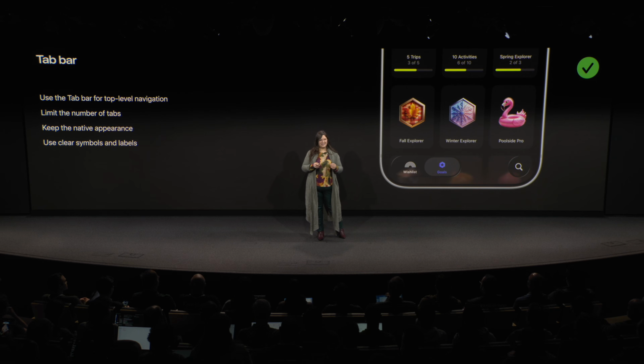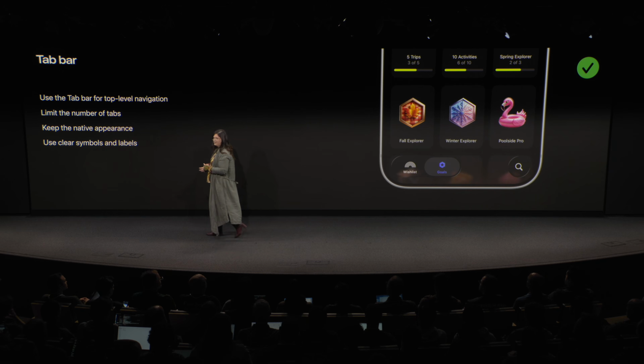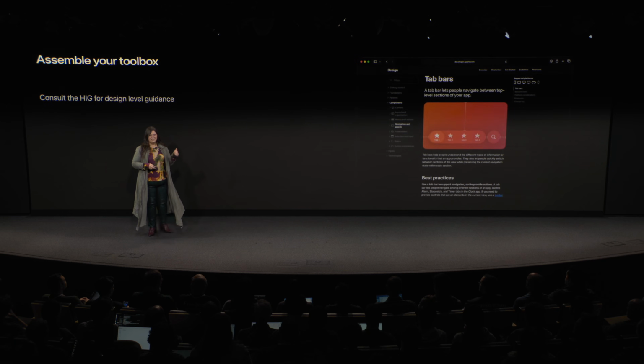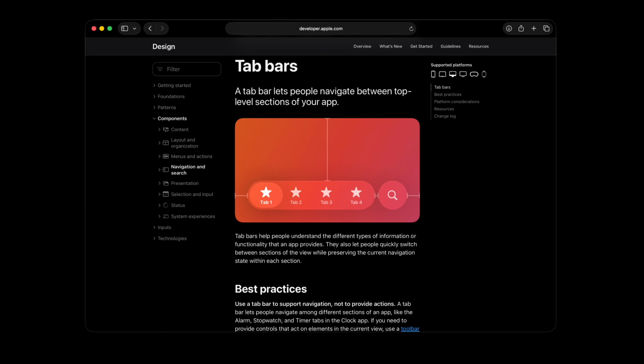Now I'm going to take a quick detour. If you want to dig a little bit more into design or tab bars, visit the Human Interface Guidelines. You have heard that from us before. The HIG is the home for design guidance and best practices across all Apple platforms and technologies. This is your first stop for questions and advice before you come to us.